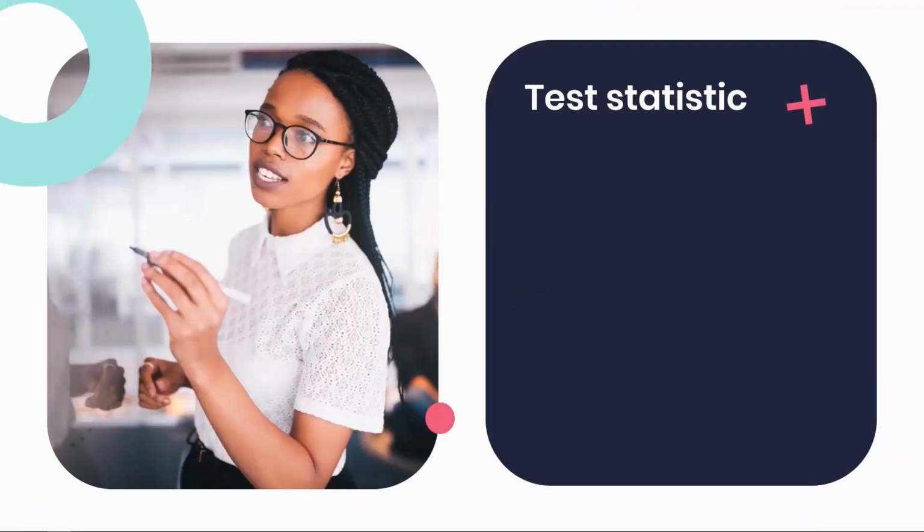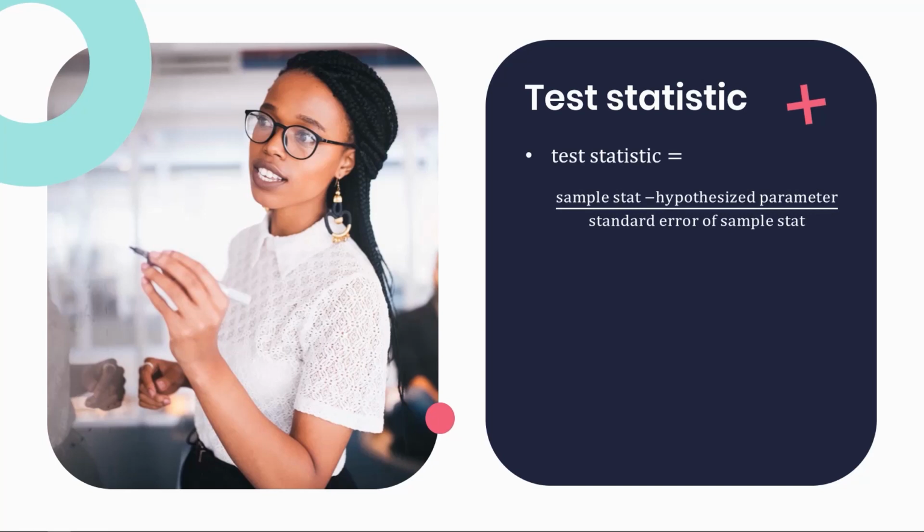We have learned that the test statistic measures the degree of agreement between a sample of data and the null hypothesis. Previously, we defined the general formula for the test statistic to be the hypothesized parameter divided by the standard error of the sample statistic. Because we have a large sample, we can apply the central limit theorem and assume normality.